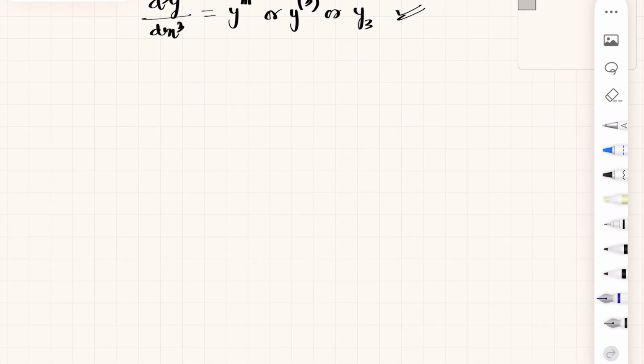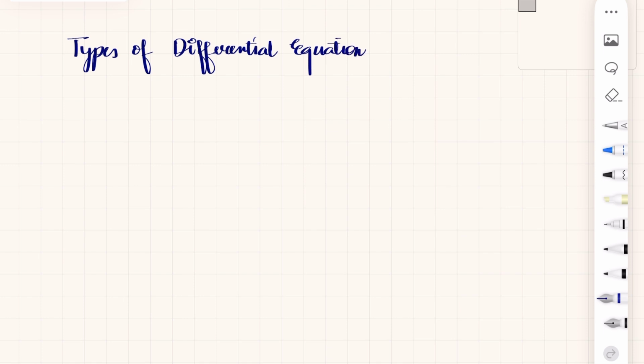So let's look at the types. What are the types of differential equations? We have two types.